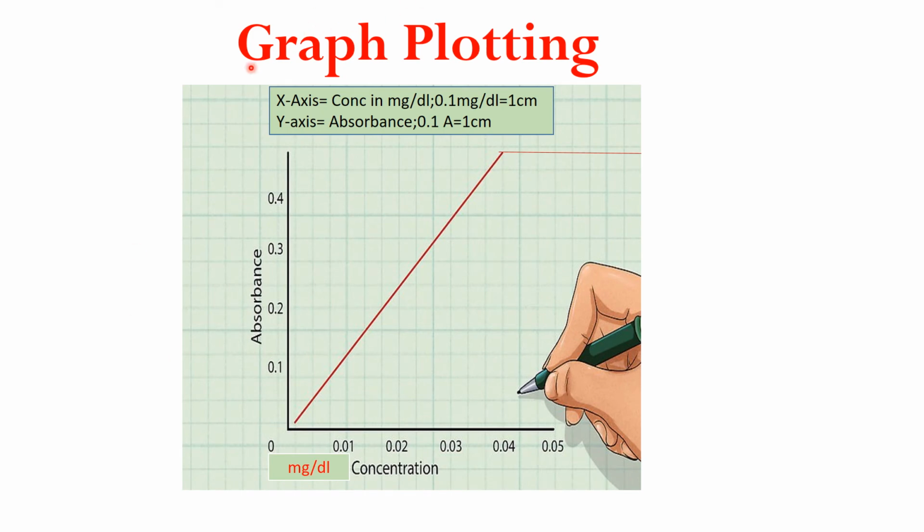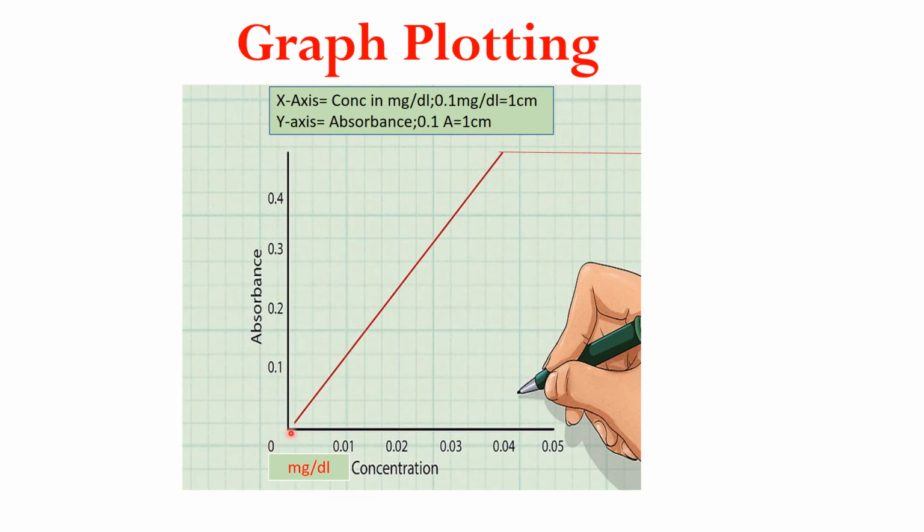After having calculated, we have to plot a graph, and in the x-axis the concentration will be measured with the unit, which may be in milligrams per deciliter or grams per, whatever is the unit. So for the current exercise, KMnO4 is in milligrams per deciliter, and on the y-axis the absorbance will be written, and the scaling will be mentioned over here like this.